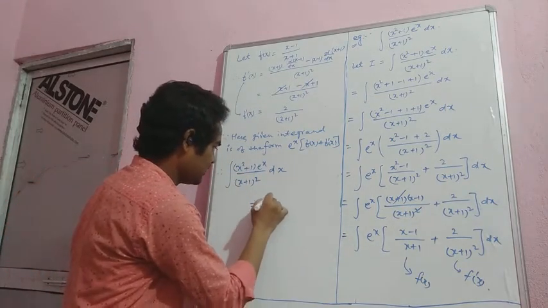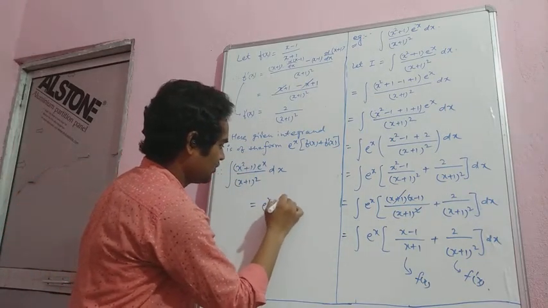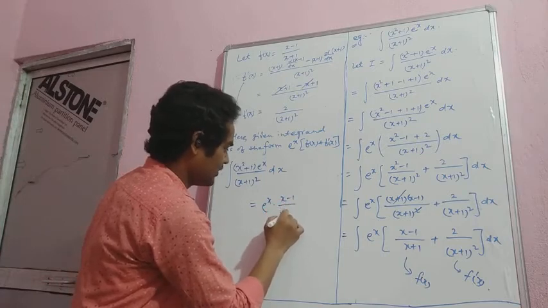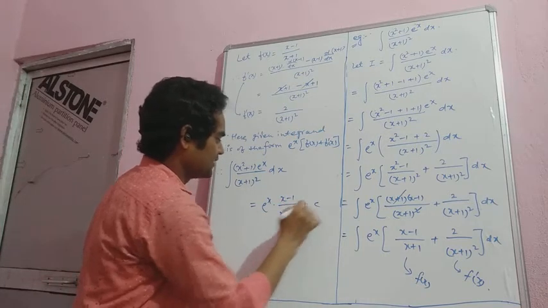So here will be e to the power x into (x minus 1) upon (x plus 1) plus c.